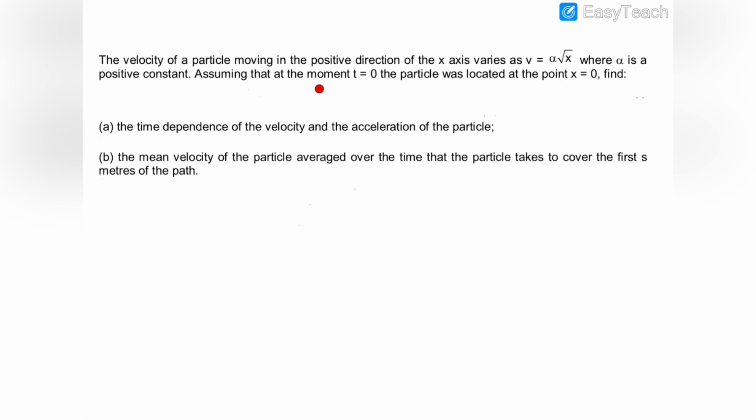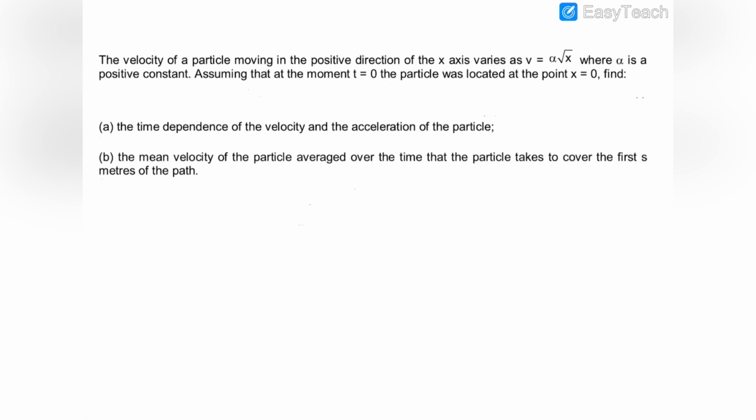So assuming that at t is equal to 0, the particle was located at x is equal to 0, we have to find out the time dependence of velocity and acceleration of the particle, and the average velocity of the particle averaged over the time that it would take to cover the first s meters of its path. I would elaborate the question B when I would solve that. Let us first of all solve the question A.